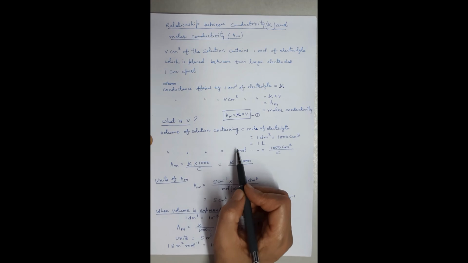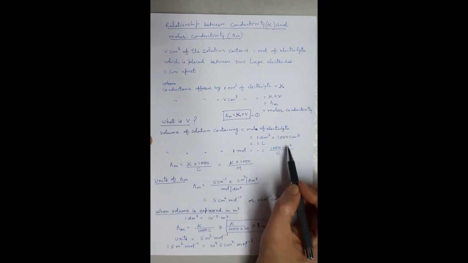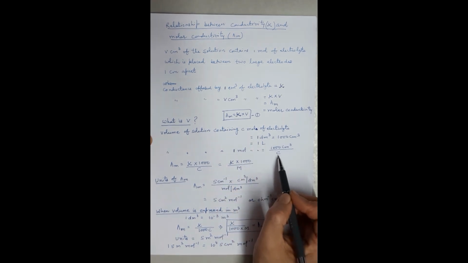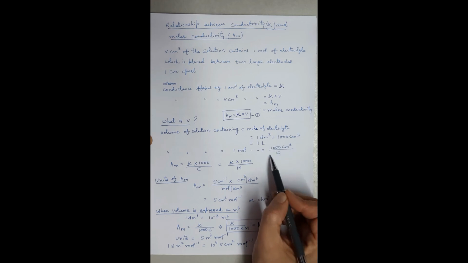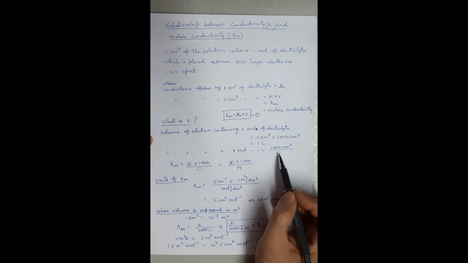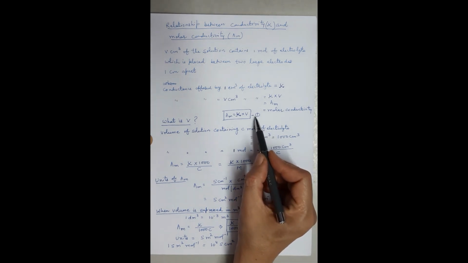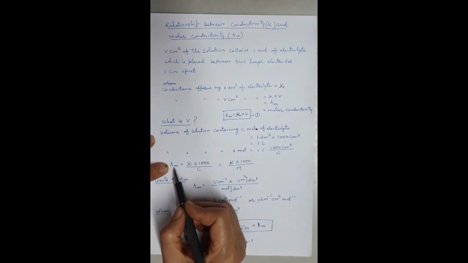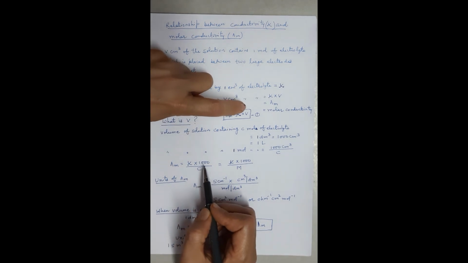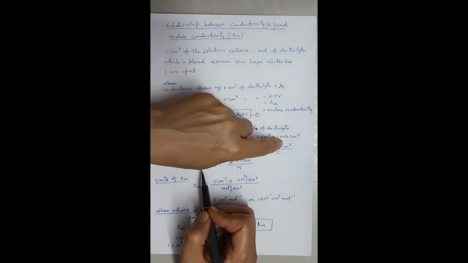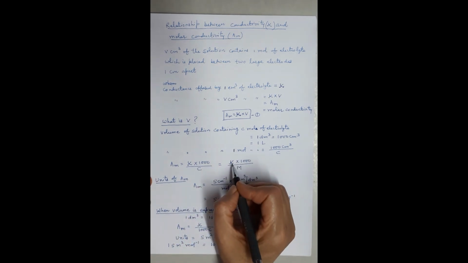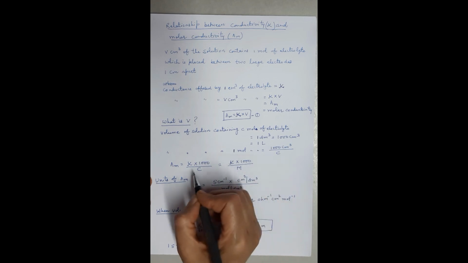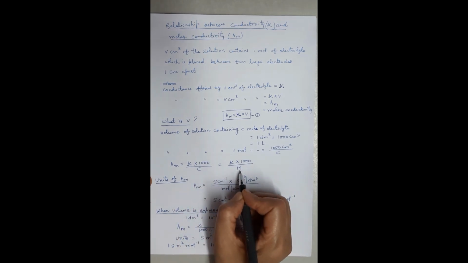And if the number of moles is 1, then the volume is 1000 centimeter cube divided by C. So my volume here comes out to be 1000 centimeter cube upon C. Putting this value into equation number 1, my equation becomes lambda m is equal to kappa, and in place of volume I'll put 1000 upon C. So now my equation is kappa into 1000 upon concentration, which can be expressed as molarity.